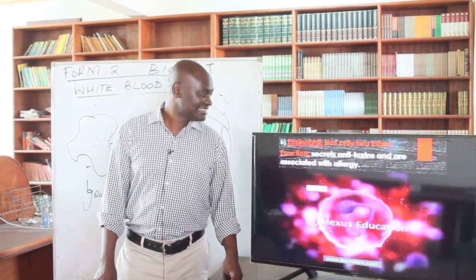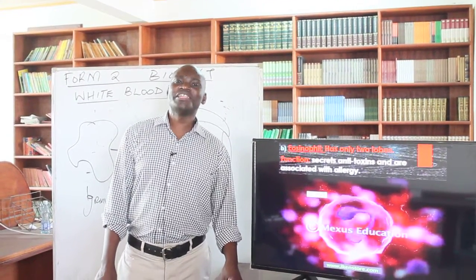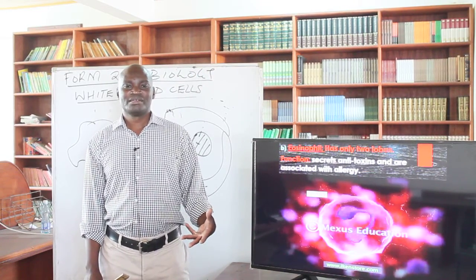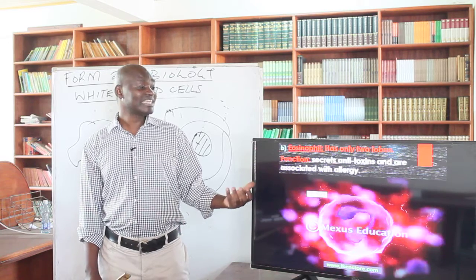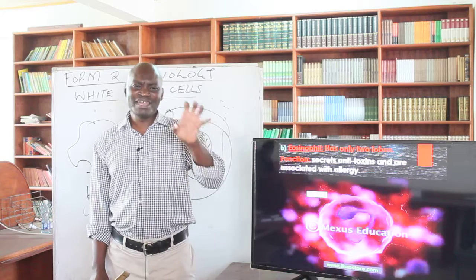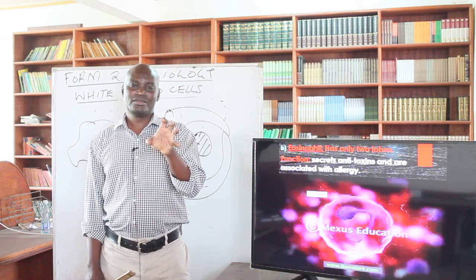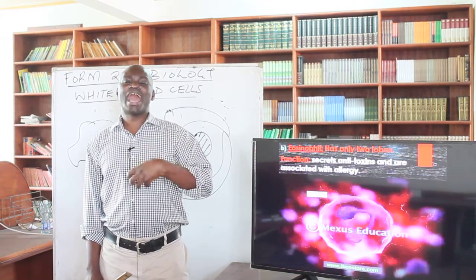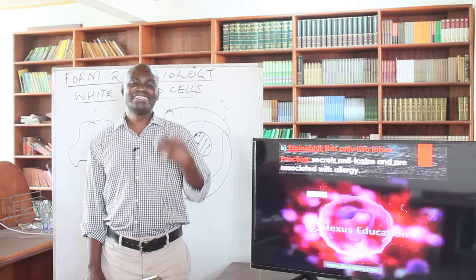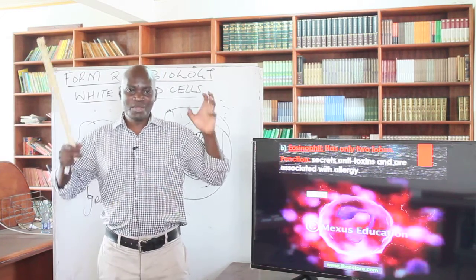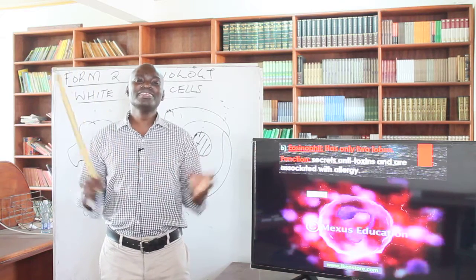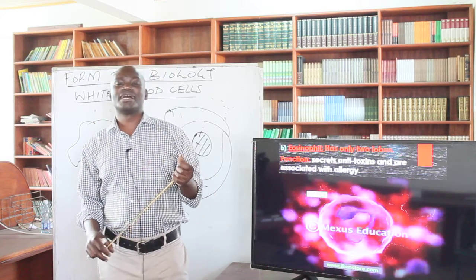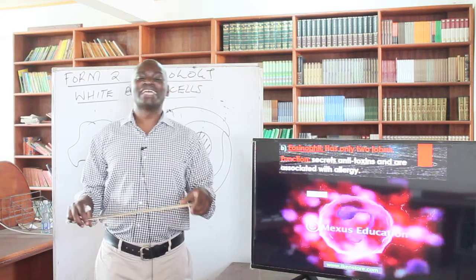So these are the type of leukocytes that normally cause allergy. When maybe you eat something which is allergic to your body, these are the white blood cells that respond. They see whatever you have consumed as a strange substance. They see it as a pathogen. Then they will release antitoxins to counter the allergens that cause the allergy.